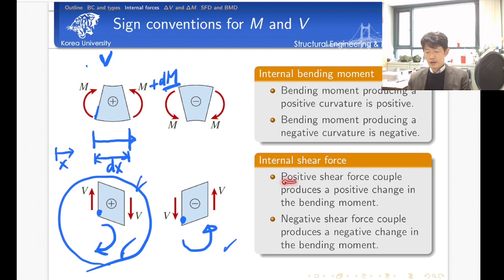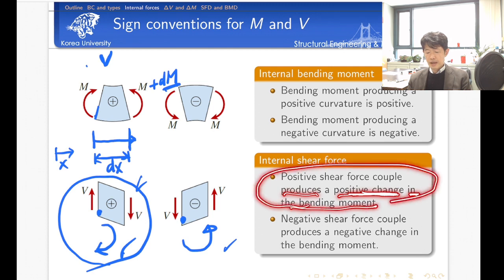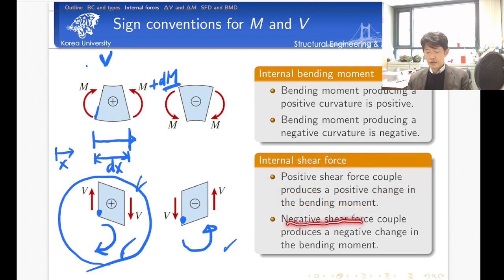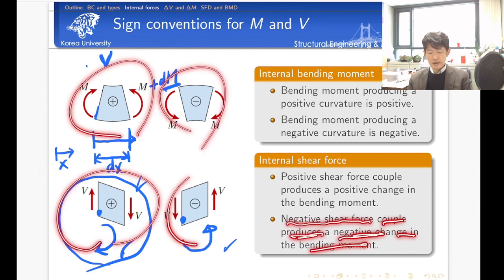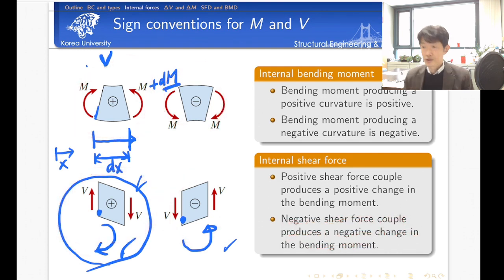Sorry, the positive shear force couple that produces a positive change in the bending moment. Okay, this is my definition. And the negative shear force couple produces a negative change in the bending moment. Okay, this is the sign convention for the bending moment and the shear force.